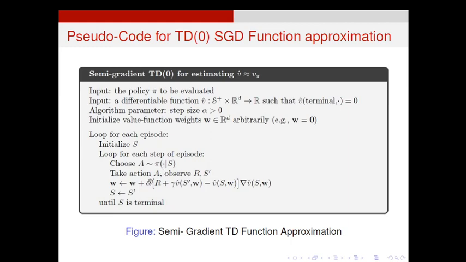Then you look at the reward and next state corresponding to this action, that is, observe R and S'. Then the weight is updated using the formula w plus alpha into R plus gamma into v̂(S', w) minus v̂(S, w) into the gradient of v̂(S, w). Once the weight updation happens, we move on to the next state: S is updated to S'. We repeat this procedure for each episode until the terminal state is reached.